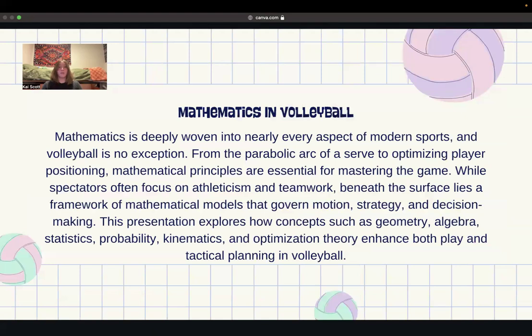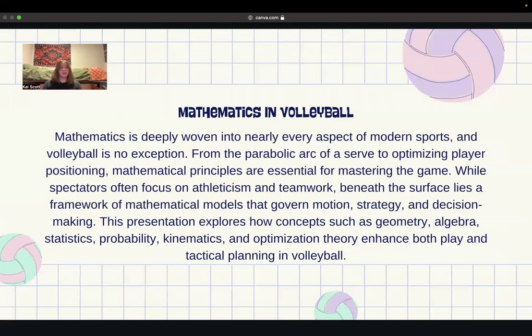Now getting into mathematics in volleyball. Mathematics is deeply woven into nearly every aspect of modern sports, and volleyball is no exception. From the parabolic arc of a serve to optimizing player positioning, mathematical principles are essential for mastering the game.